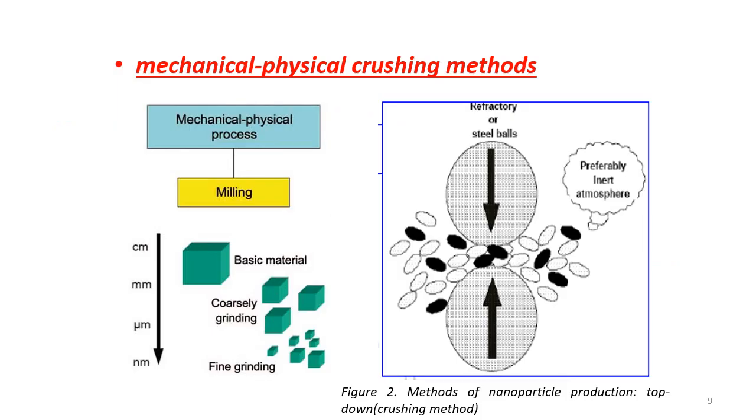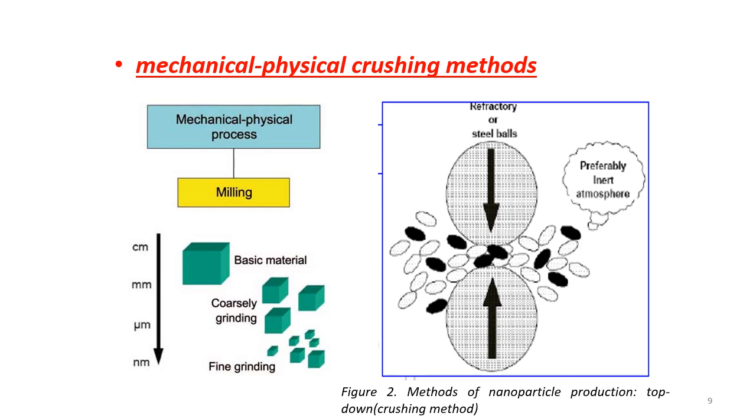You can see there in figure 2 the steel balls which are going to be used as a milling tool. In between these two balls, the crushing of the materials will be taking place. These particles are going to have a shearing or compression action on them, and they are going to get into smaller levels.